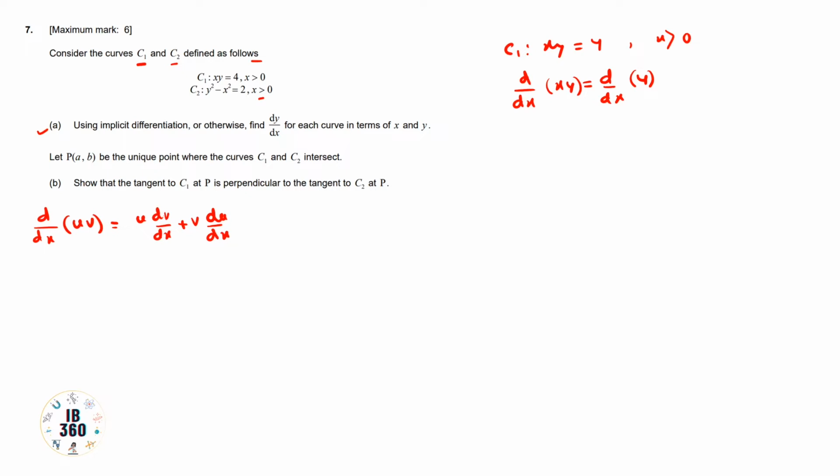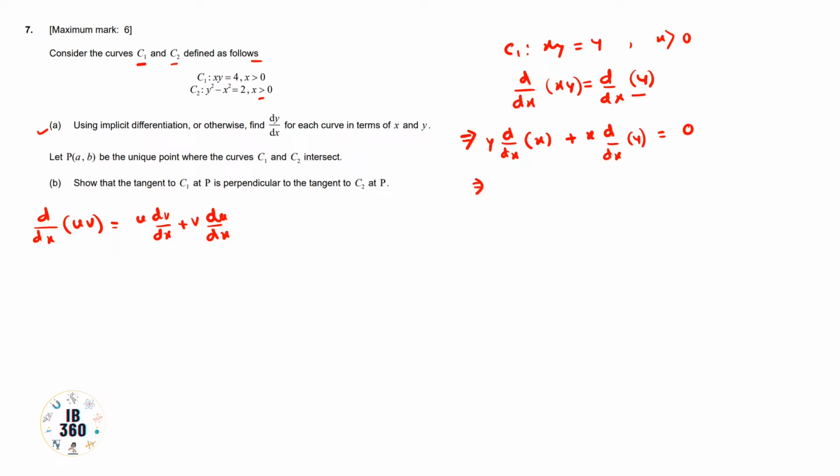Now the same formula we will apply here. After applying it, it will be y d/dx of x plus x d/dx of y equals d/dx of a constant term, which is 0.